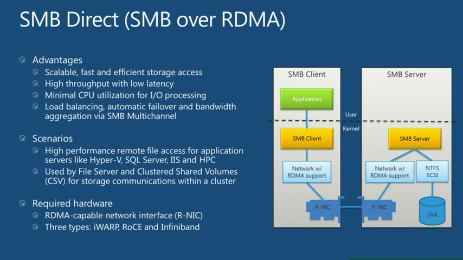But what we do in SMB now is, first of all, we detect that both client and server have RDMA-capable interfaces. When we detect that condition, which, by the way, is automatic, you don't have to do anything other than buy the right NICs, instead of saying "give me the data," we find a place in memory on the client side, saying, "I want to transfer 512K of data to this memory address."